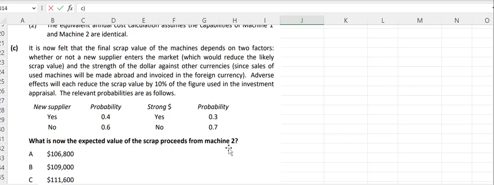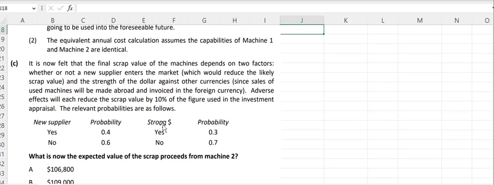What is now the expected value of the scrap proceeds from machine 2? Now it's talking about machine 2, and as we just discussed, the current scrap value without these uncertain events is expected to be 120,000. So first of all, let's find out the possible outcomes.